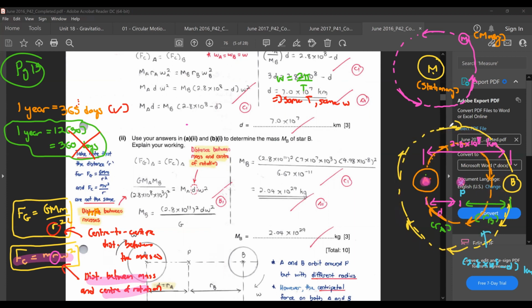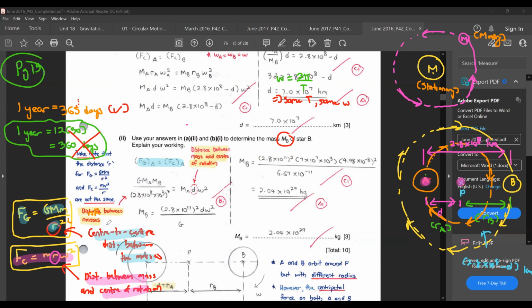For my case here, I'm asked to find M_B, but you notice I'm using F_G equals F_C for A when they're asking me for B. If you apply the equation F_G equals G M M over r squared, remember I told you that r is the center to center distance between the masses.